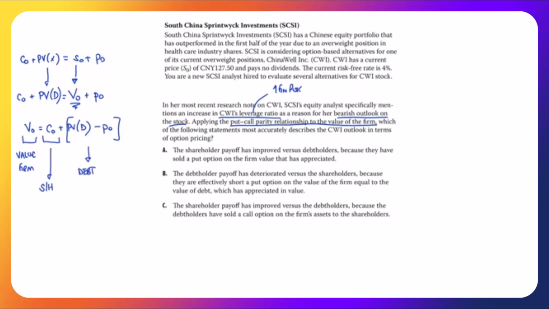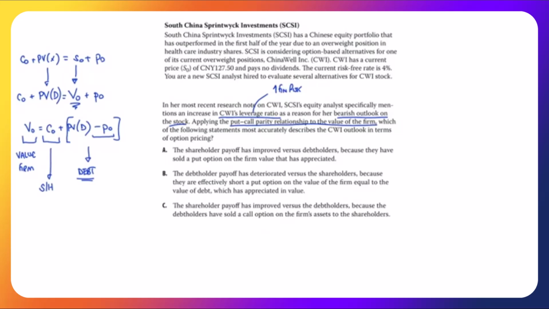Now, what's happened here? Increase in the leverage ratio gave us a bearish outlook on the stock. Shareholders have effectively gone long on a put option to sell the asset to the firm at the face value of debt. They've sold that to debt holders. The debt holders you can see in here are short that put option.